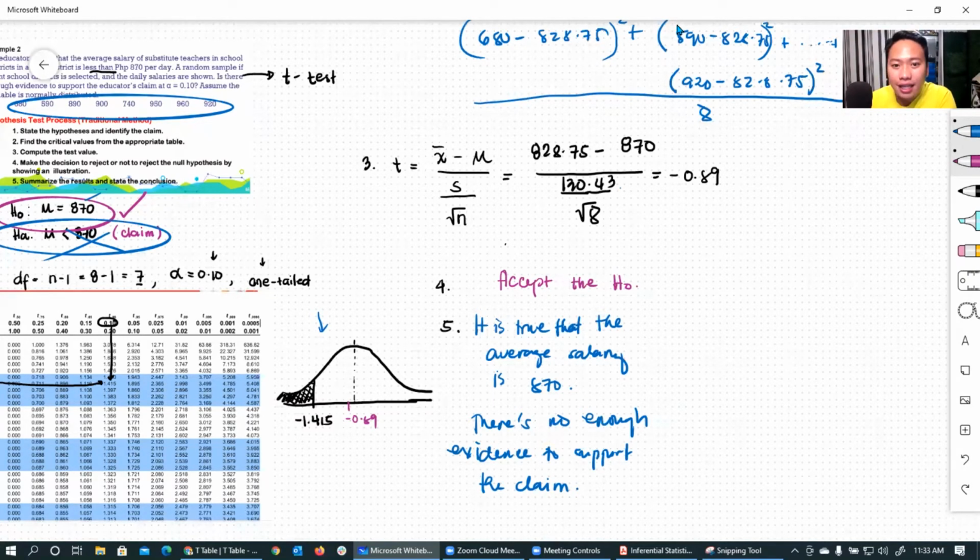This is the variance, and when you get the square root of it, that's the standard deviation.